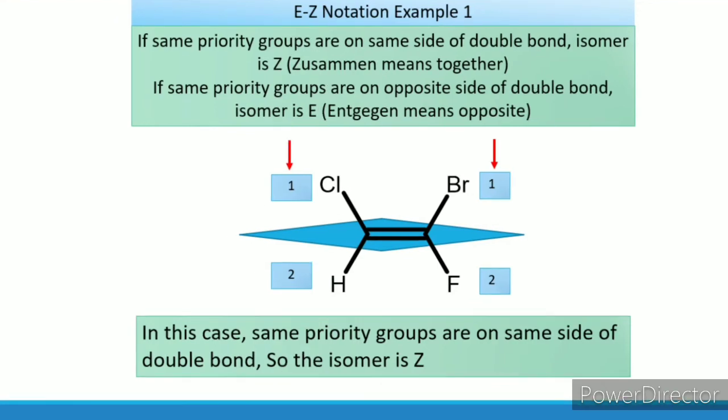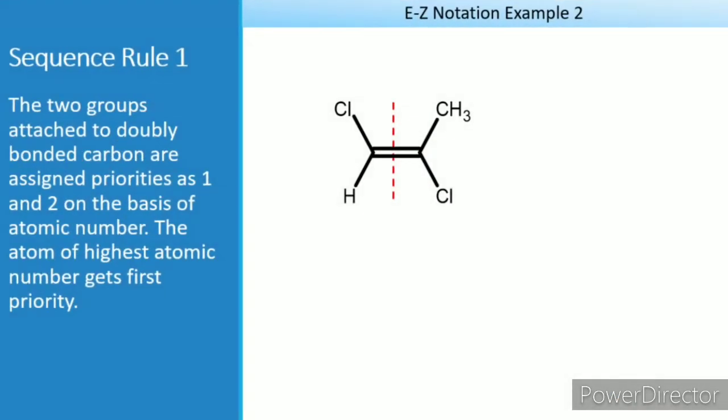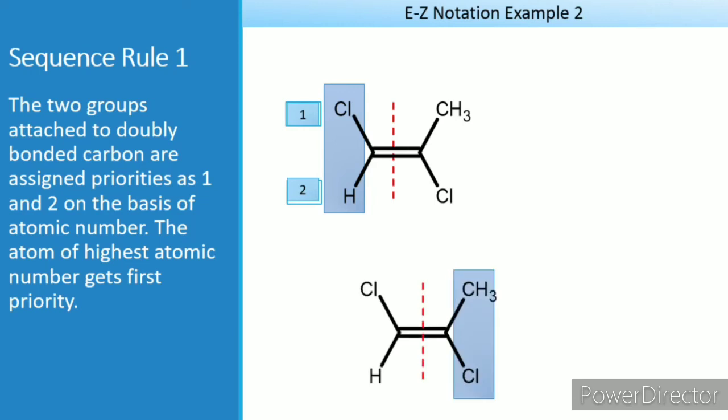Let's solve another example. We'll assign EZ notation to this molecule. For the left side double bonded carbon, groups attached are chlorine and hydrogen. So chlorine with the higher atomic number will get priority over hydrogen. For the right side doubly bonded carbon, groups attached are methyl and chlorine.